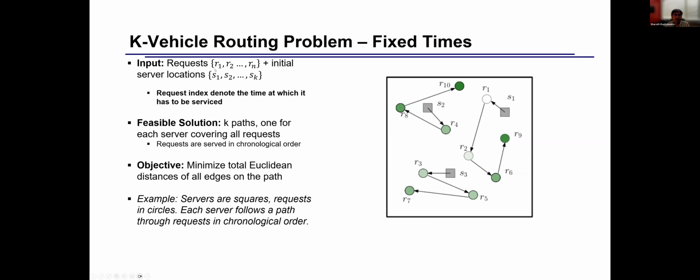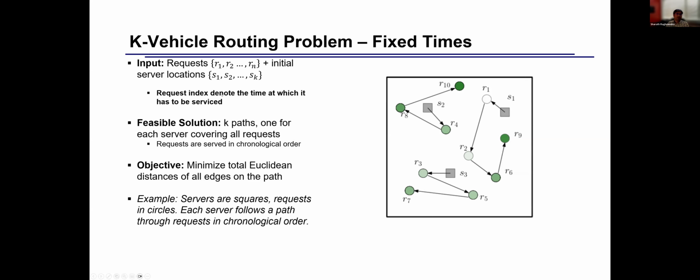Then you're given a sequence of requests, R1, R2, all the way through Rn. These requests are given by their location, but along with them you also get the time at which they are supposed to be serviced. For instance, here the index of the request denotes the time at which this request has to be serviced.